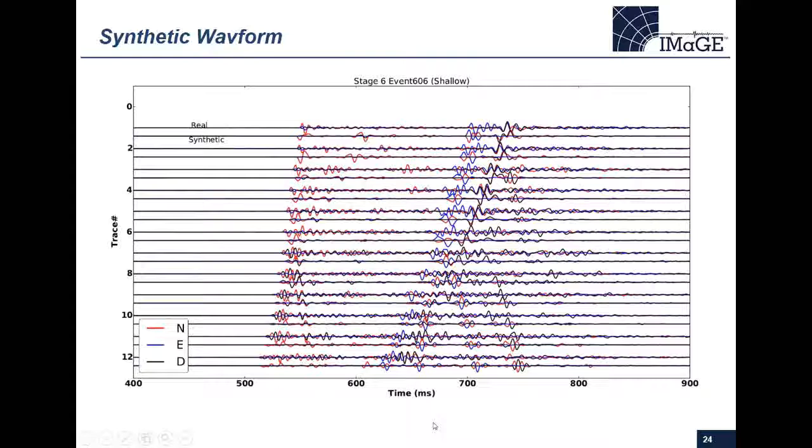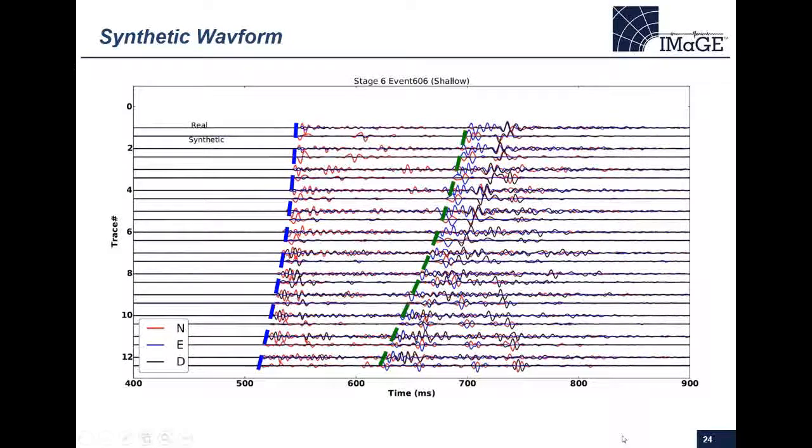The ability to generate synthetic waveforms really helps identify where you should be putting your first picks and how you should be picking and locating your events to ensure that all phases are matching for your synthetic and your actual recorded waveform. It just gives you that added boost of confidence that how you're picking the data is correct. So, another very useful tool that should be used.